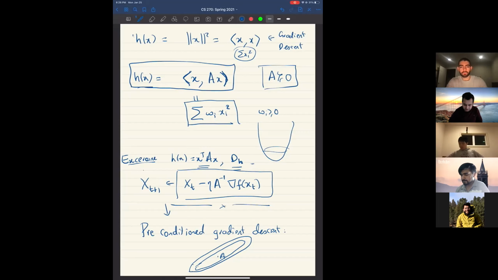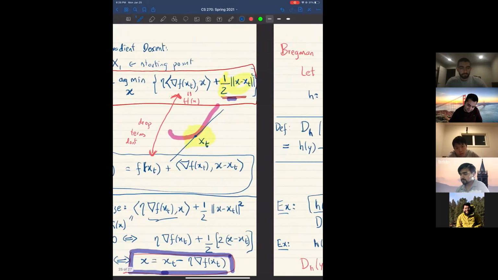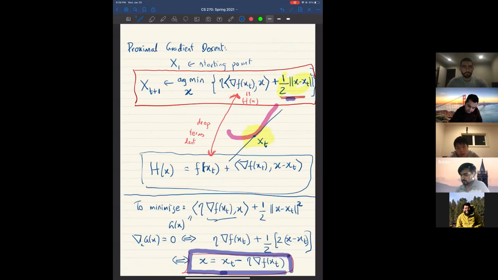So by this proximal gradient descent, instead of picking the two norm quadratic norm, because you're picking a Bregman divergence here, you're allowed to pick a very strange looking penalty function. It lets you exploit your knowledge of the geometry of the situation. It lets you change the geometry.